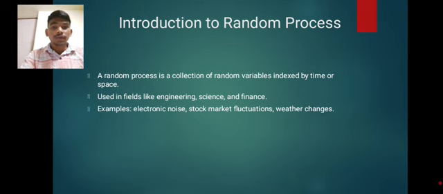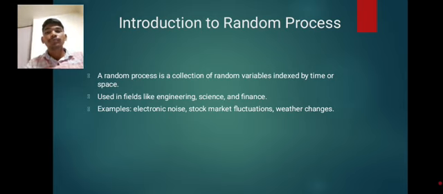Another definition of the random process is a time varying random phenomenon described statistically using tools like probability density function, correlation, and covariance, to help understand and model signals such as noise and message signals in communication systems.